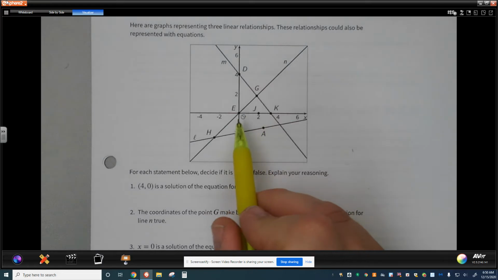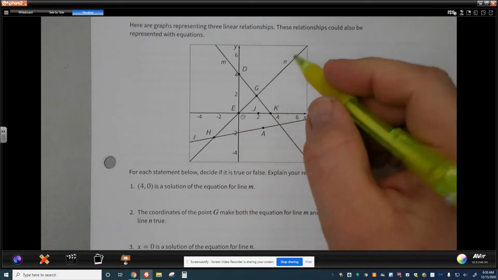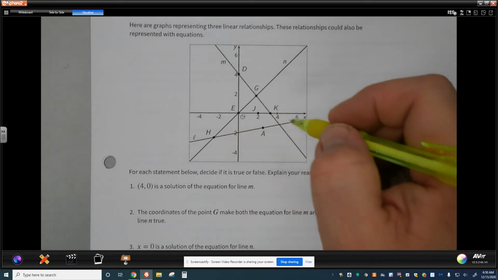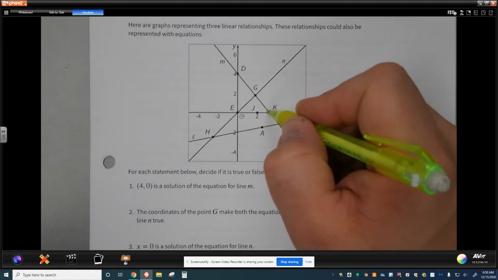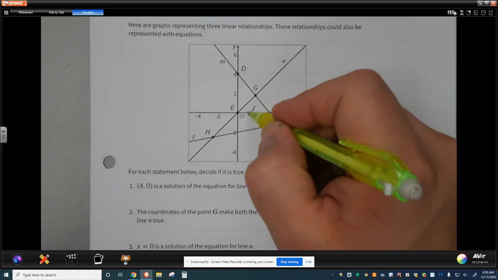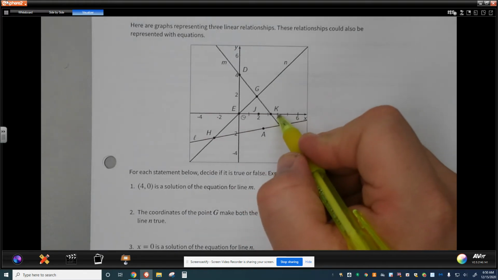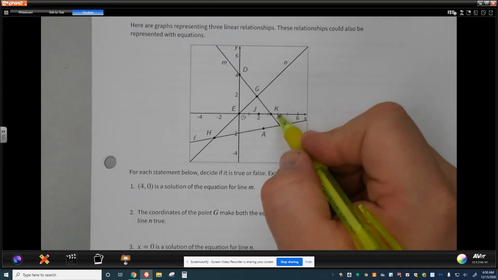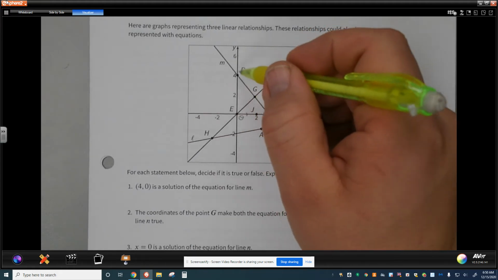As we look across here for the ordered pair 4, 0, we come across 4 units. There's 2, there's 4. So 4 would be right along here. These little tick marks along here didn't copy too well, so I'm sorry, those are hard to see. We're saying that there's an ordered pair right here where line M passes through. Well, that's not true, because that ordered pair doesn't even show up on line M right here.